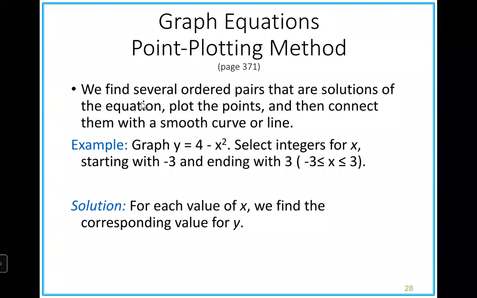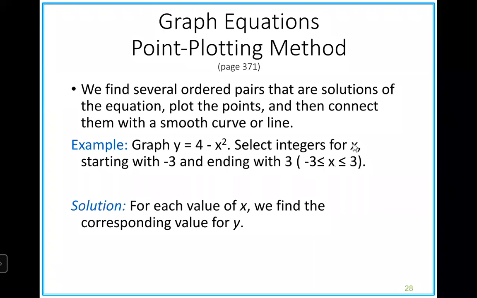So it says here, we find several ordered pairs that are solutions of the equation, plot the points, then connect them with a smooth curve or line. In this case, we are looking at the equation y equals 4 minus x squared. So they want you to select integers for x, starting with -3 and ending with +3. So that's what this means: x such that x is greater than or equal to -3 and less than or equal to 3.